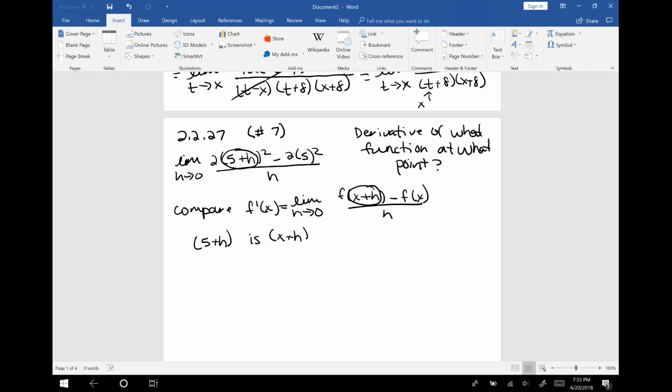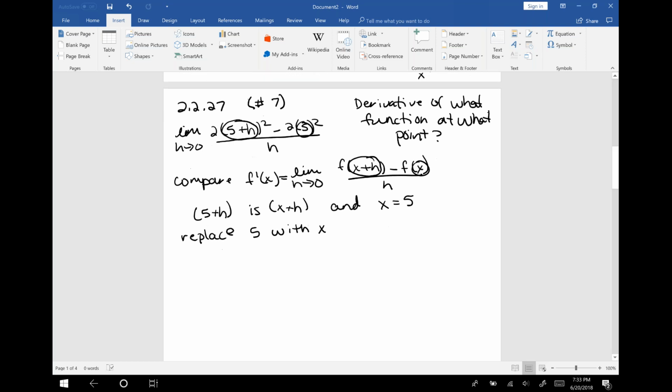And we also see that this x is going to be equal to 5. So those are going to be in the same place. So x is going to be equal to 5. So we're just going to replace 5 with x in that initial limit that we were given.